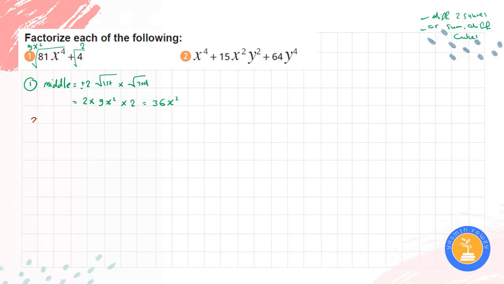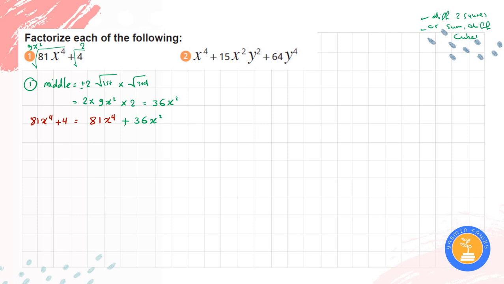Now we have 81x to the power 4 plus 4 equals, I will keep the first term as it is, 81x to the power 4. Then I add the middle term which I got here, which is plus 36x squared. Can it be plus or minus? Yes, it can be plus or minus.